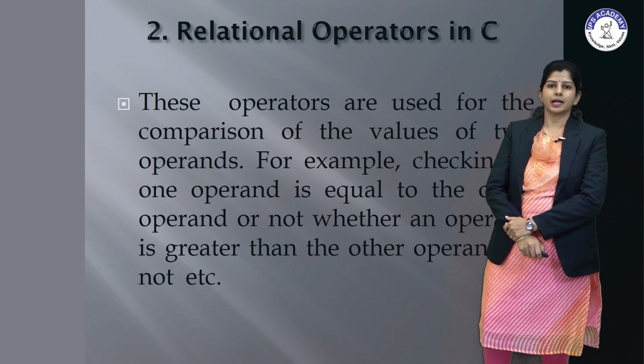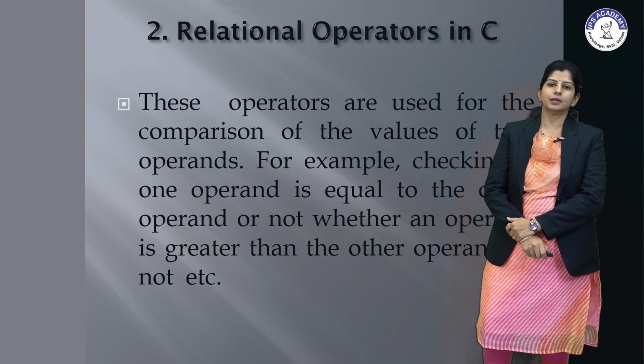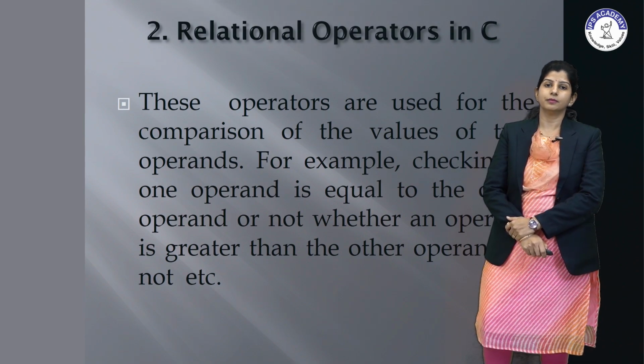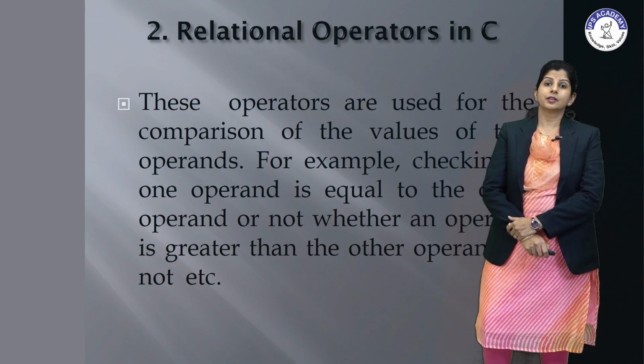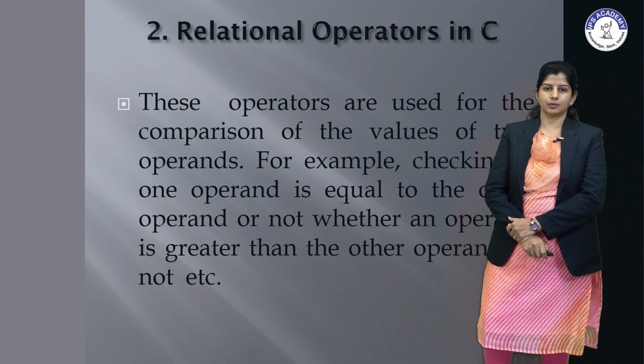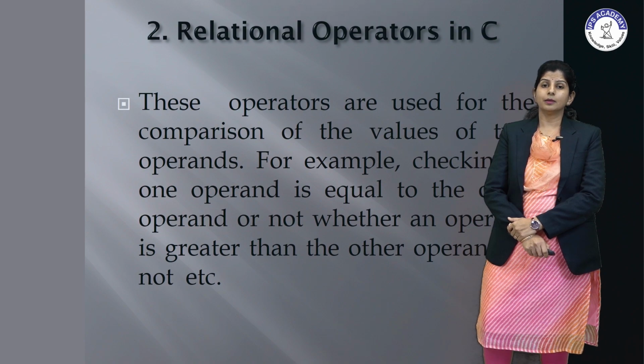For example, checking whether one operand is equal to another, greater than the other, less than the other, less than or equal to, or greater than or equal to the next one. In this way we get the result in the form of a relation, meaning a comparison.